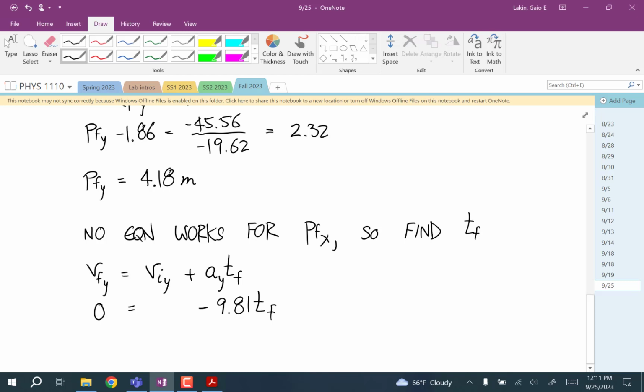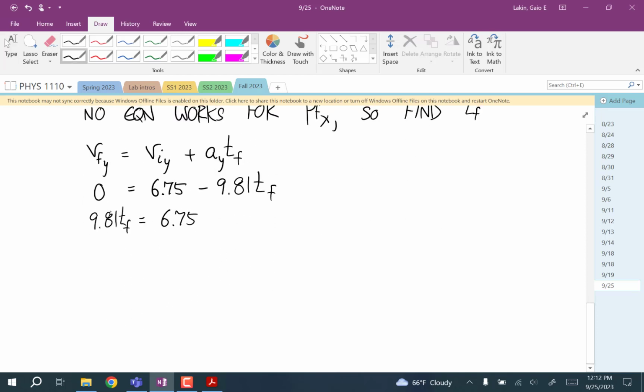VFY is 0. VIY is 6.75. And so 9.81 TF is equal to 6.75. And so what's 6.75 divided by 9.81? 0.688. So 0.69 seconds. And now we can use that in this equation.